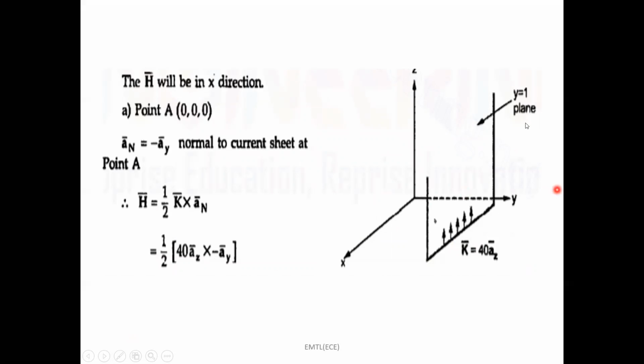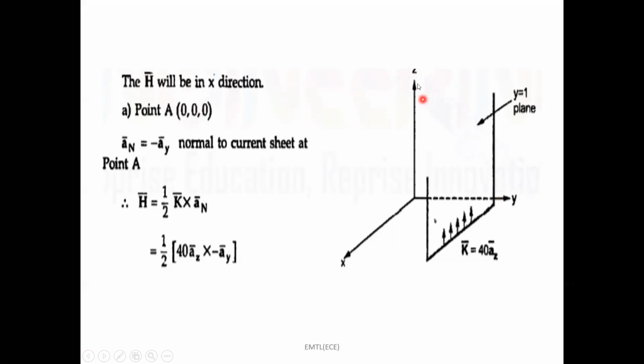This is the coordinate axis, and this indicates the y is equal to 1 plane, and in this case the K bar value, that is the current, is along the AZ direction, that is K bar is equal to 40 AZ bar. This is the Z bar direction, and this is the K bar value, equivalent to 40 AZ bar.